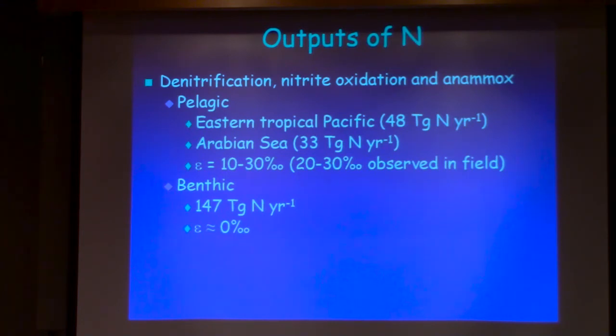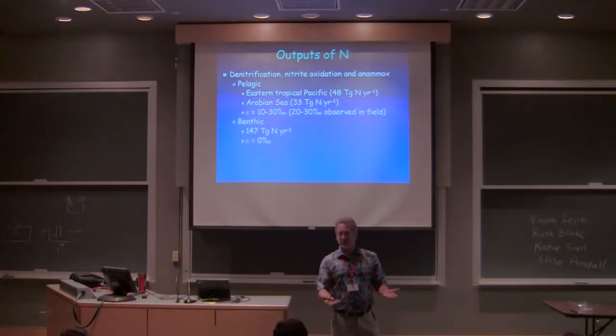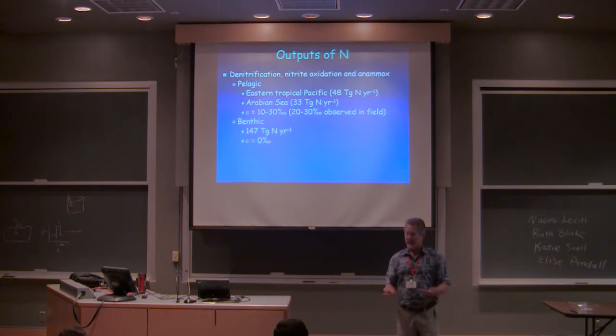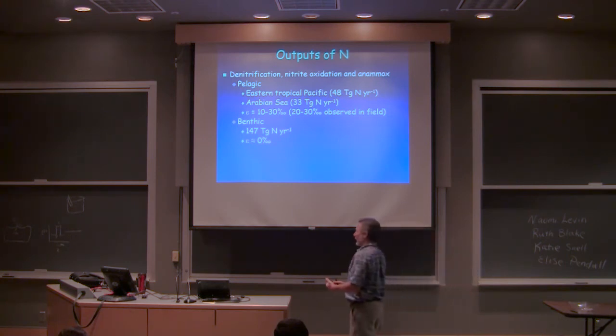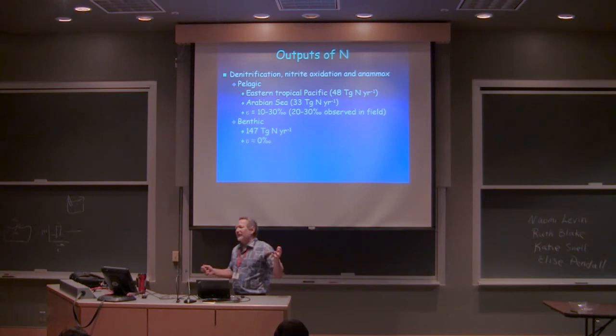This is denitrification that occurs in surface sediments. The fractionation is effectively 0 because of complete utilization of nitrate below that sediment-water interface. So unless some form of nitrogen other than N2 gas leaks out, the fractionation is effectively 0 because it's acting like a closed system.